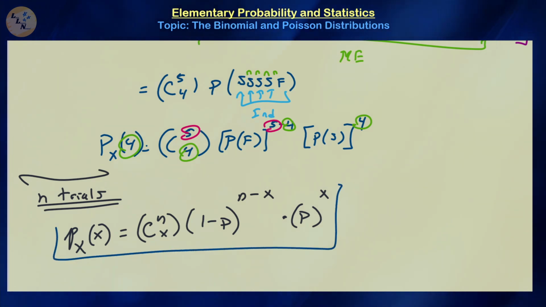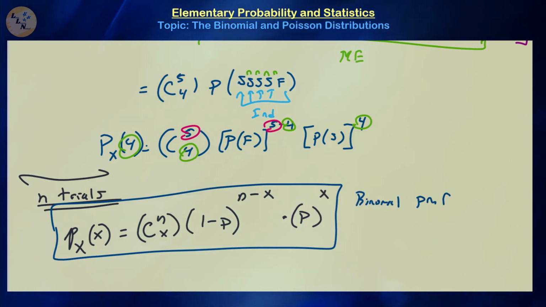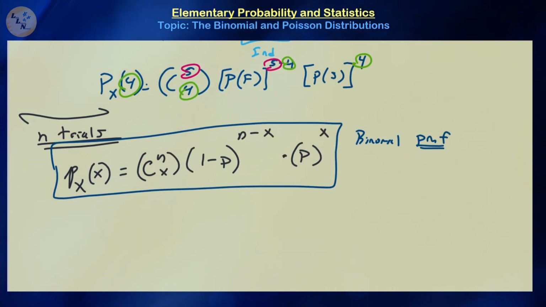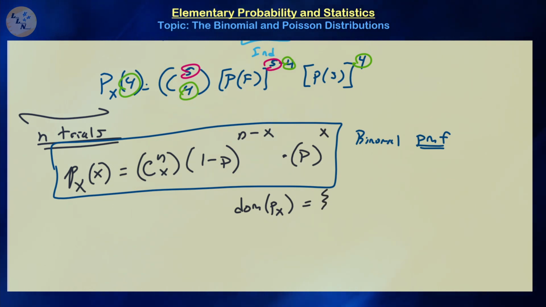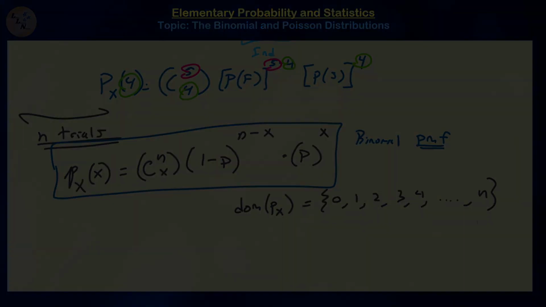So this is what we refer to as the binomial probability mass function. So keep in mind, what is the domain of this function? It is possible to have 0 successes in a sequence. So that means the domain of this function, p of x, is going to be the set 0, 1, 2, 3, 4, all the way down to n, because all of them could technically be a success.